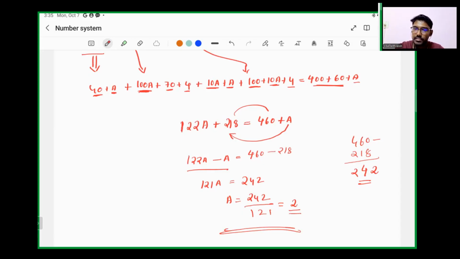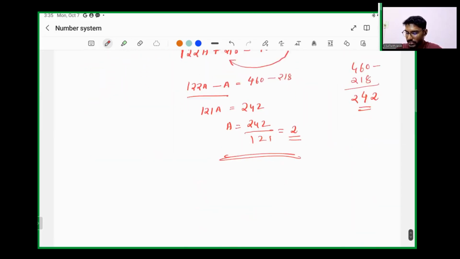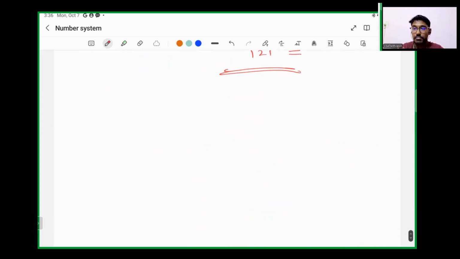Okay. And there are other questions also where you need to apply this concept of digits or place values. I'll show you while I am doing the questions. This is a very common type of question that UPSC asks using these place values. Not this question, but there are different other kinds of questions.